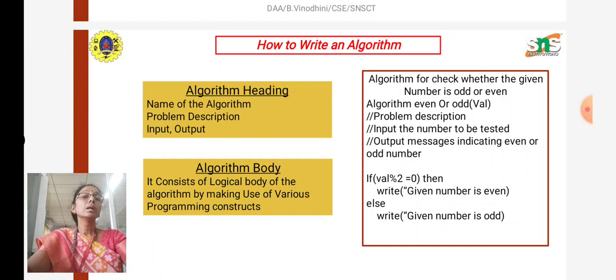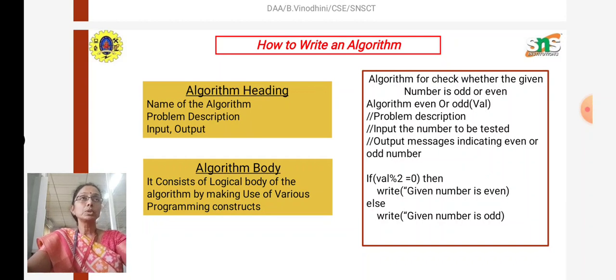Next is the problem description: we are going to check whether the given number is odd or even. Next is the input: the number to be tested. Next is the output: the expected output should contain a message whether the given number is even or not. This is the algorithm heading.